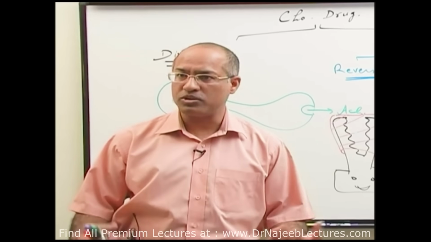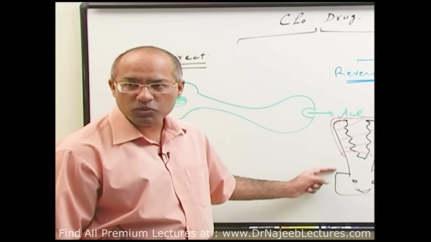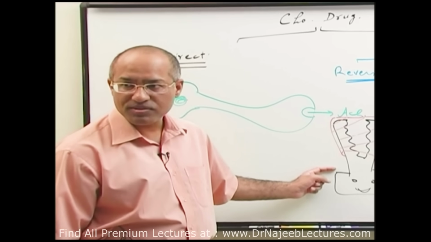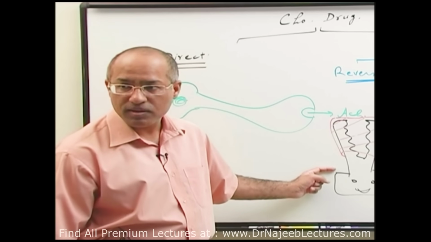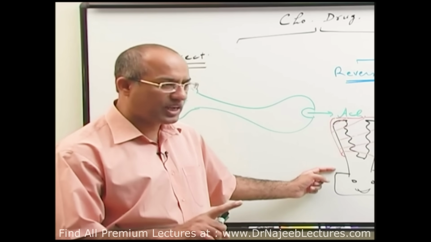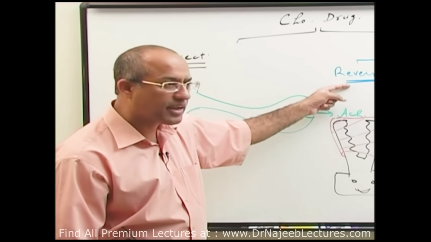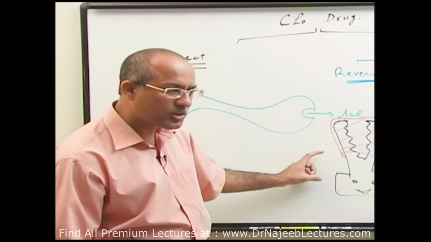Because if you are inhibiting these permanently, what will happen? If patients survive, then tissues will produce more enzymes, right? So it is very important to understand that reversible drugs inhibit the enzyme for a shorter duration.